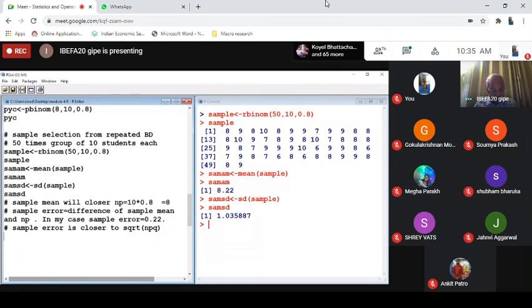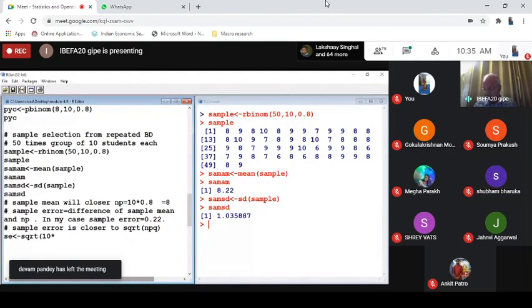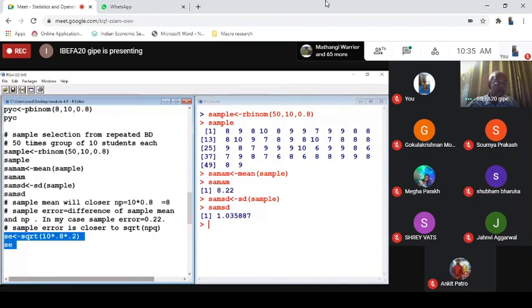That is, standard error will be SQRT of N, that is 10, P, that is 0.8, multiplied by 0.2. Let us see what answer we will get. 1.264911.